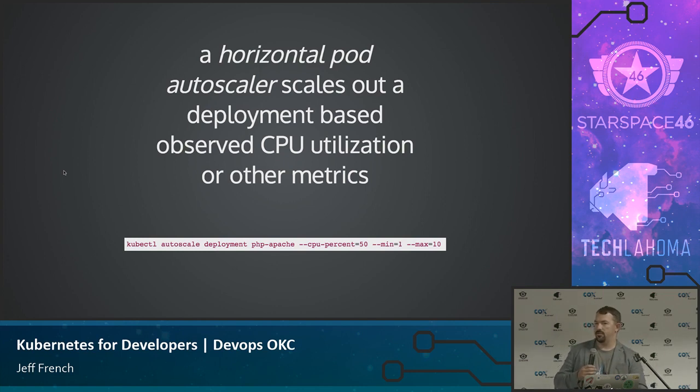Now you're handling enough traffic, and then when everything dies down, all of a sudden it scales back in, so you're not paying for all that capacity you don't need. So once you get into horizontal pod autoscalers and cluster autoscalers, you really get the true promise of why people want to use things like the cloud and Kubernetes in order to actually run their workloads.